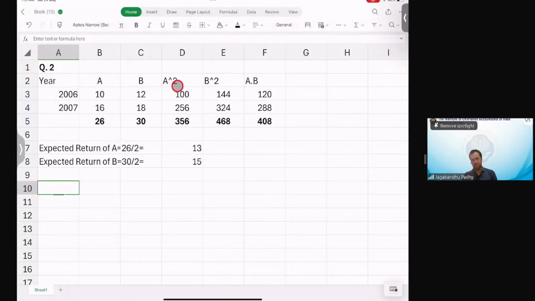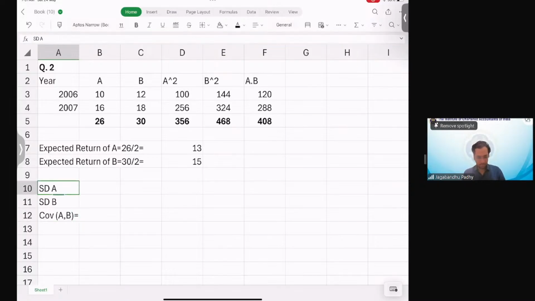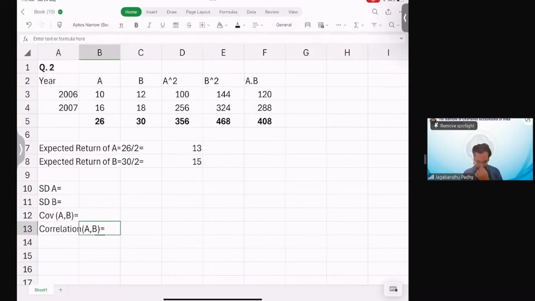So give me the standard deviation of A, standard deviation of B, covariance between A and B, and correlation between A and B. Get these numbers here. Then we'll look into what is left out in the question to be solved later.